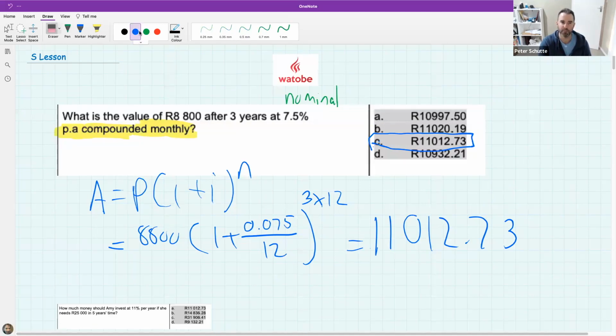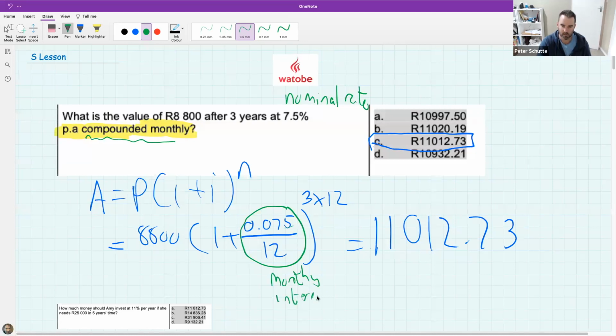is 7.5% per annum, if they say compounded monthly, we chop that interest rate up, we divide it by 12, and we make it a monthly interest rate. And then we also change the N from being years to months because of the compounded monthly.